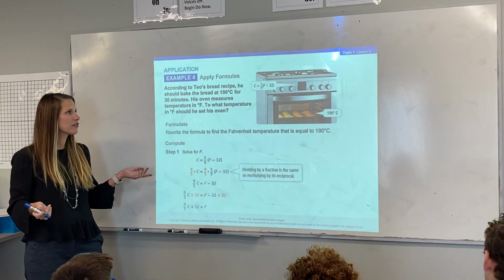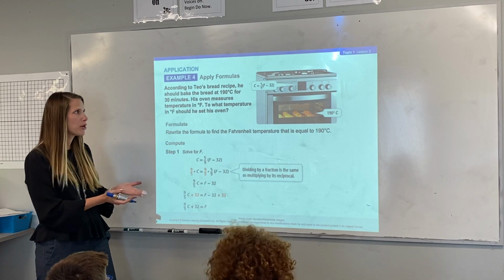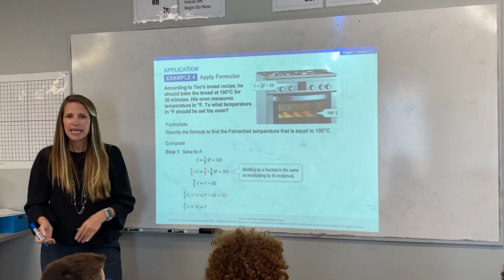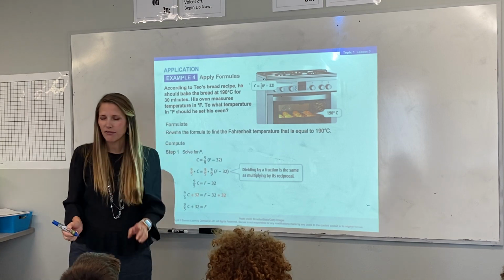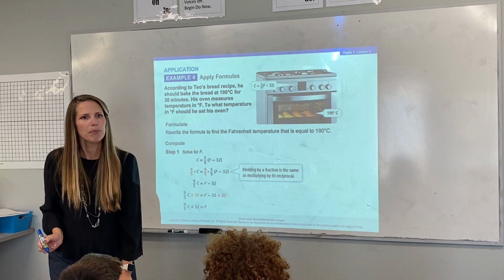So Teo is over here with his American oven doing Fahrenheit, and he's got this little British baking book telling him to bake it at 190 degrees. Can he set his American oven to 190 degrees Fahrenheit? No, he cannot. That bread is never going to bake.